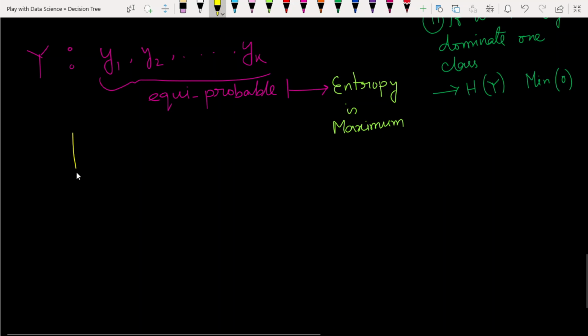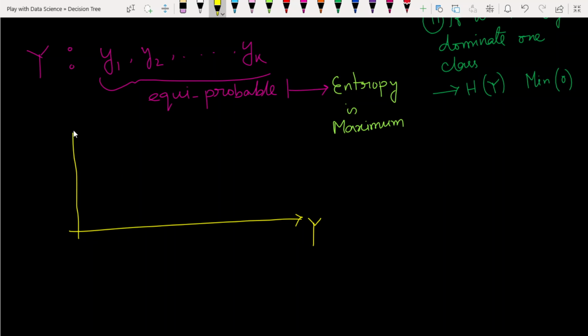Suppose it is our random variable y, and let's take its pdf, the probability density function. These are the values of the random variable, y1, y2, y3, y4, up to yk.